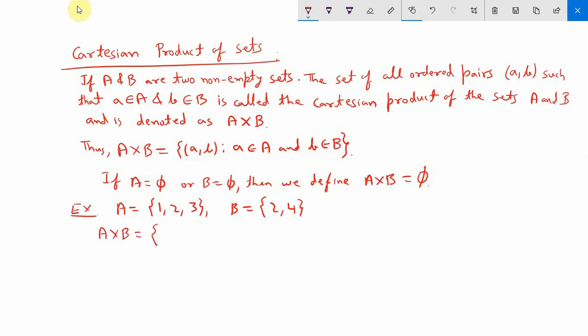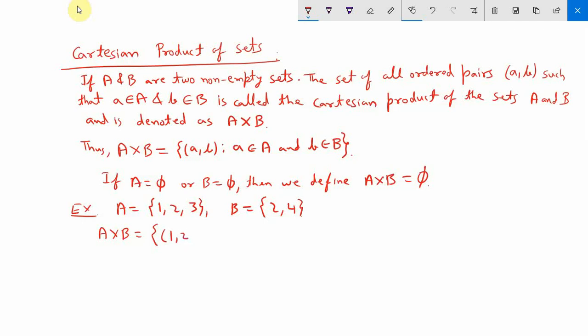So what we can do, first we take an element from set A and form all ordered pairs with this element as first element and element of set B as second element. Then we can choose another element from A and corresponding to each element in B we have to form ordered pairs. So we will start with 1 in set A.